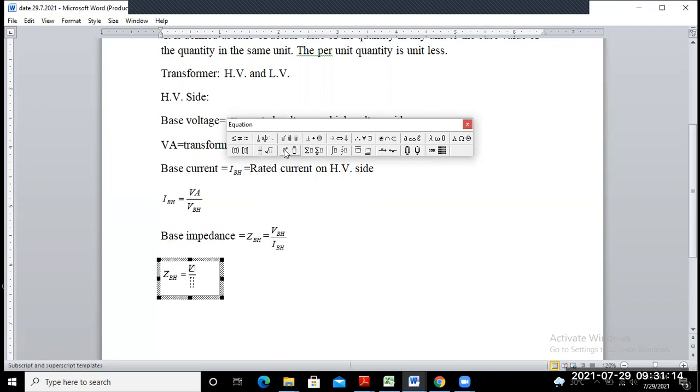So IBH is nothing but volt ampere divided by VBH, so VBH we can write on the upper side.